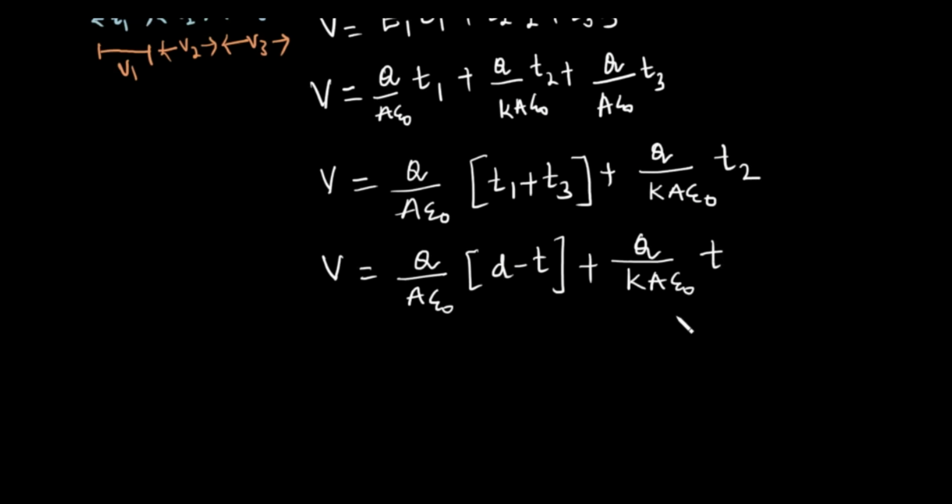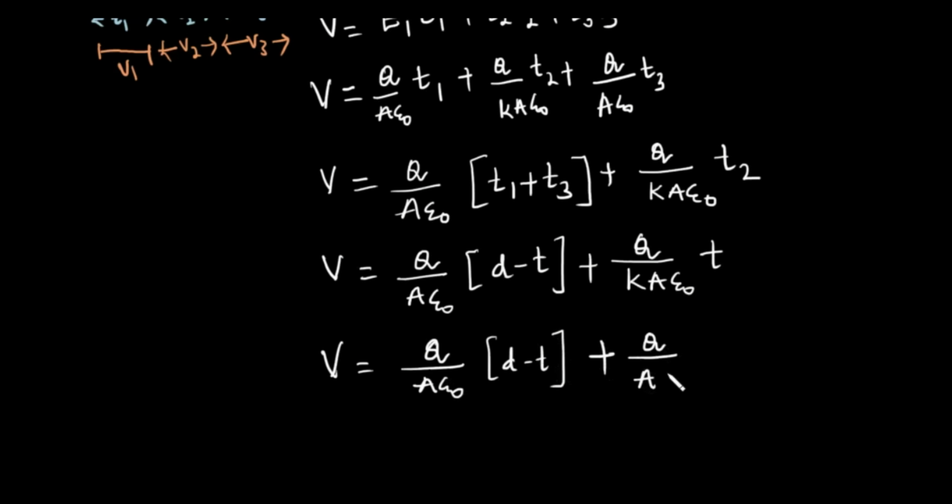So I can write this as q by a epsilon naught times d minus t, plus q by a epsilon naught times t by k.